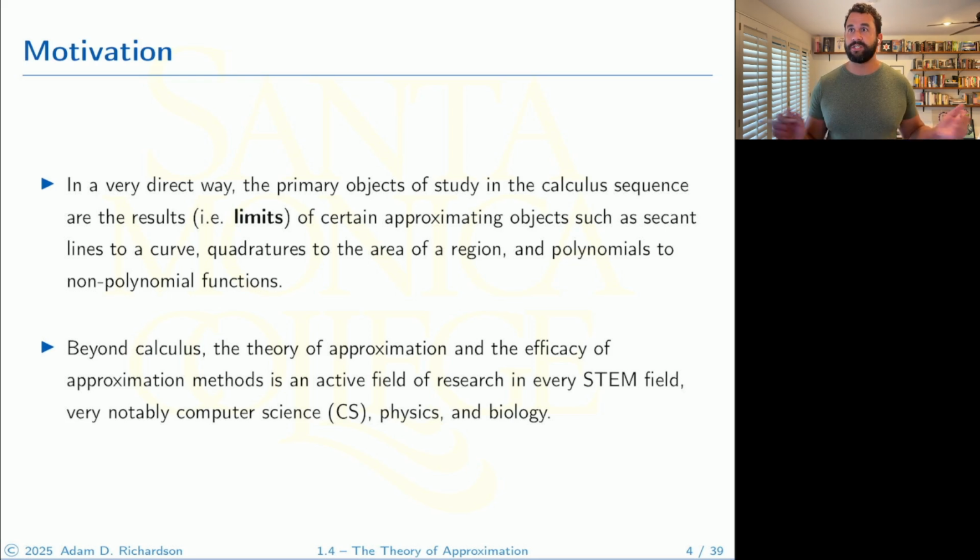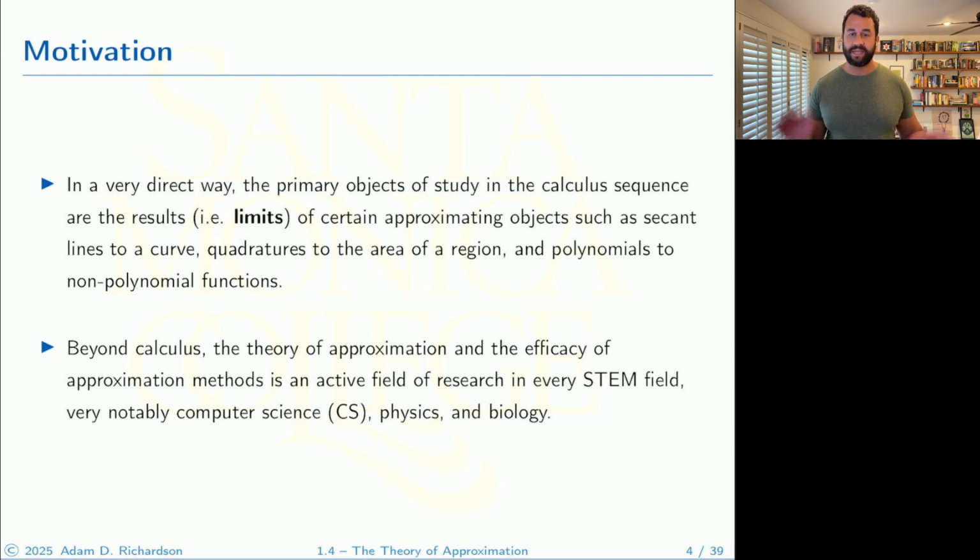That's pretty much the study of calculus for three whole courses. For example, in Calc 1, the approximating objects you're going to use are secant lines to a curve. We'll talk about those later. Then quadratures to the area of a region, or polynomials to non-polynomial functions. So this is what's coming down the pipeline in your next couple math classes.